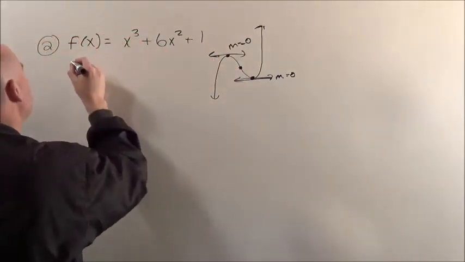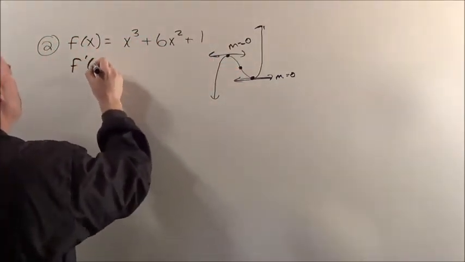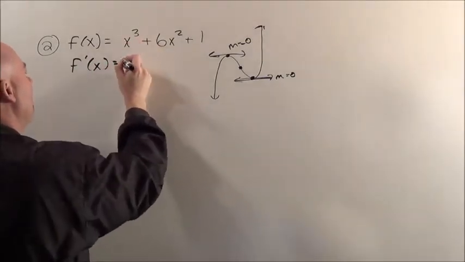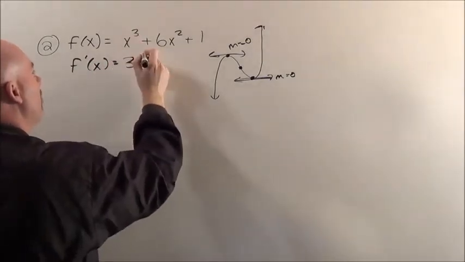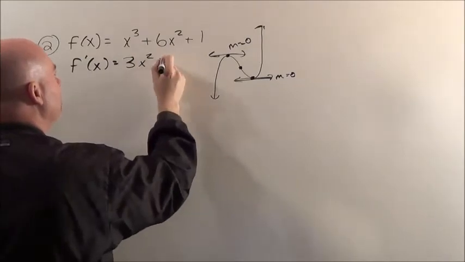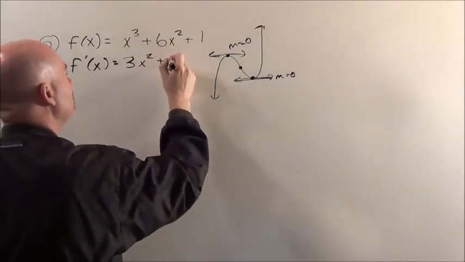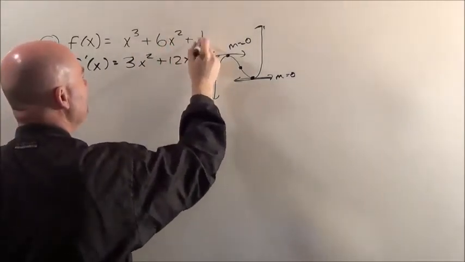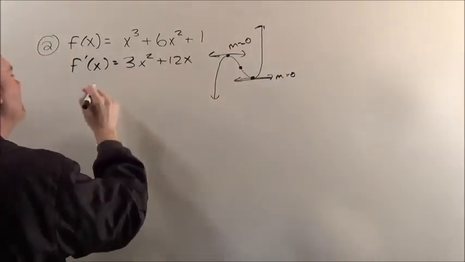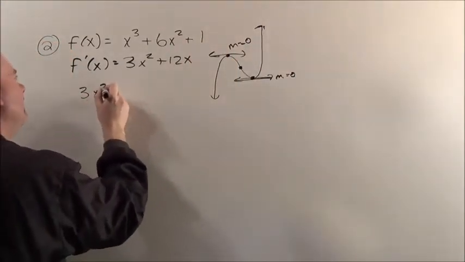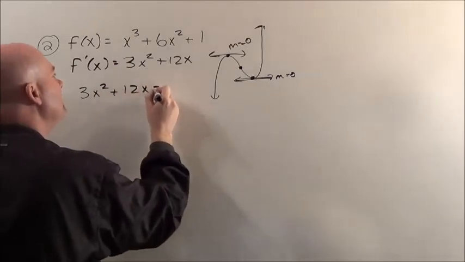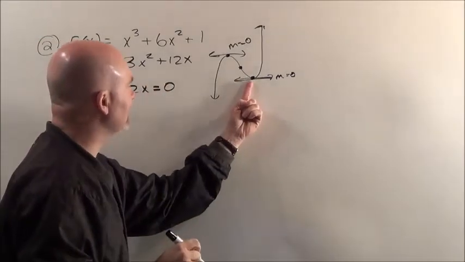So the first thing we want to do here is take the derivative of it. Bring the 3 down, that's 3x, the exponent drops to the second power, plus 2 comes down, 6 times 2 is 12x, and the 1 just goes away. So here's our derivative. Now let's take that derivative and see when it is equal to 0. That's going to tell me this spot and this spot.